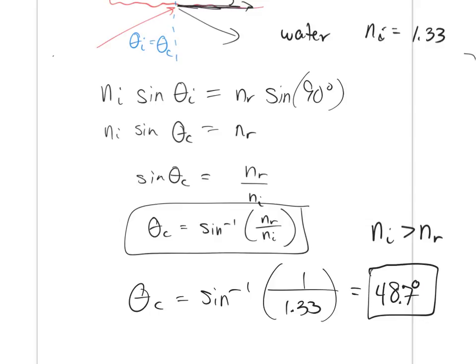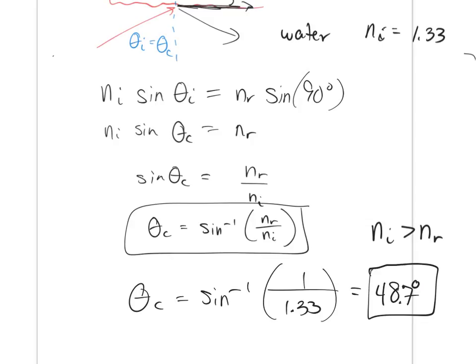If this angle theta is greater than or equal to 48.7, this ray will not escape the water. Even at a bent angle, it will not escape. It will bend back into the water. We call it critical because anything beyond that causes it to bend back into the material. That's why it's called a critical angle.